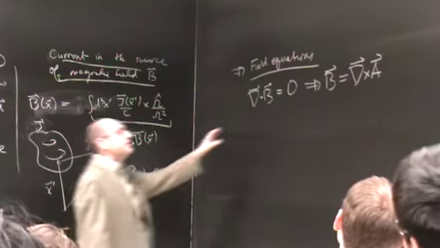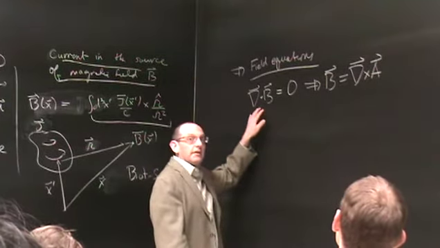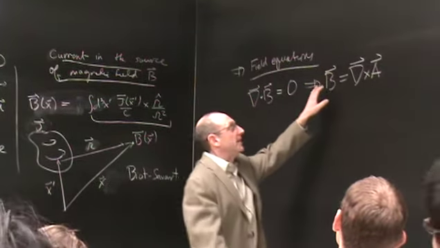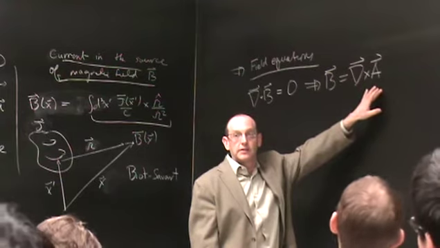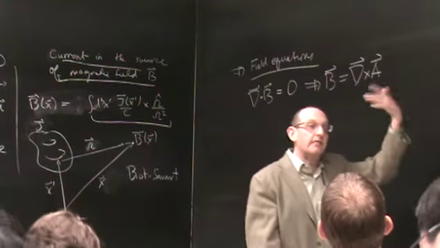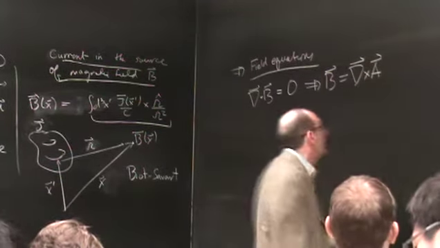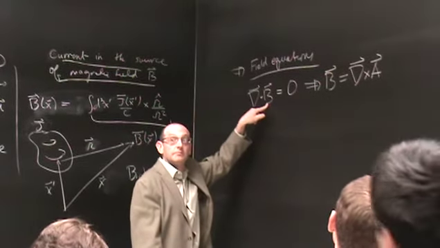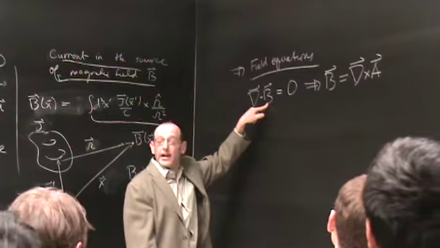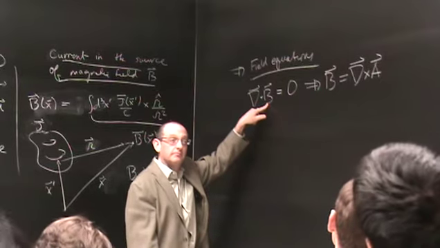Since the divergence is 0, it must be the case that the magnetic field is the curl of some other field. There's no piece that's the gradient of a scalar, because that's related to the divergence of B, which is 0. Go back and look at Helmholtz theorem again.